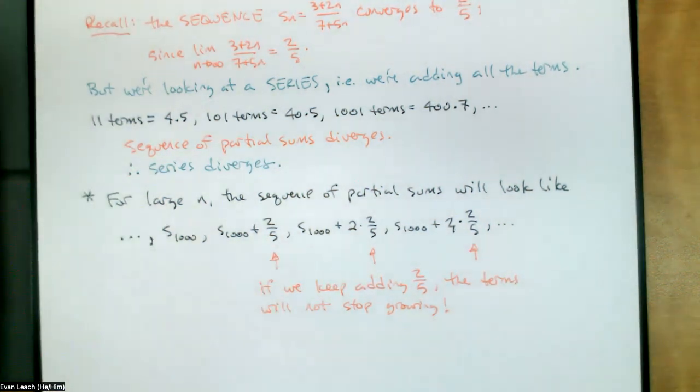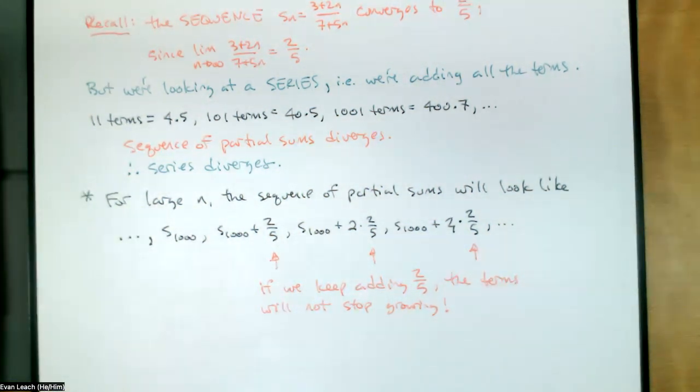If we keep adding 2/5, the terms will not stop growing. Therefore, the sequence of partial sums diverges. Therefore, the series diverges, as a series converges or diverges based on the sequence of partial sums.